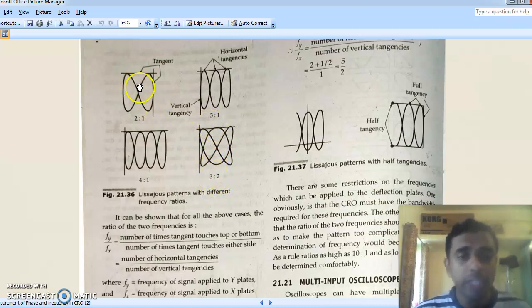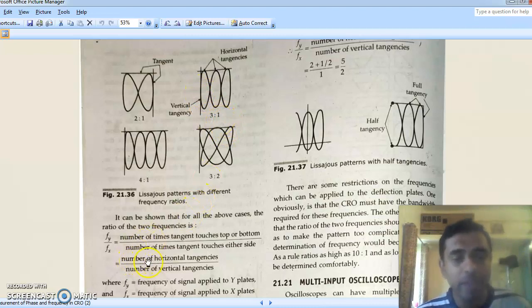That is, we have such a pattern, draw the horizontal tangent, see how many intersections there are. There are 2 intersections here, and draw the vertical tangent here or here. You can see that there is only one intersection, that is 2:1. So the numerator is 2 divided by 1. So Fy by Fx is equal to 2/1. Likewise, here also, horizontal tangencies are 3, so 3 is the numerator, and for the vertical tangent, either here or here, there is only one intersection, so the denominator is 1.